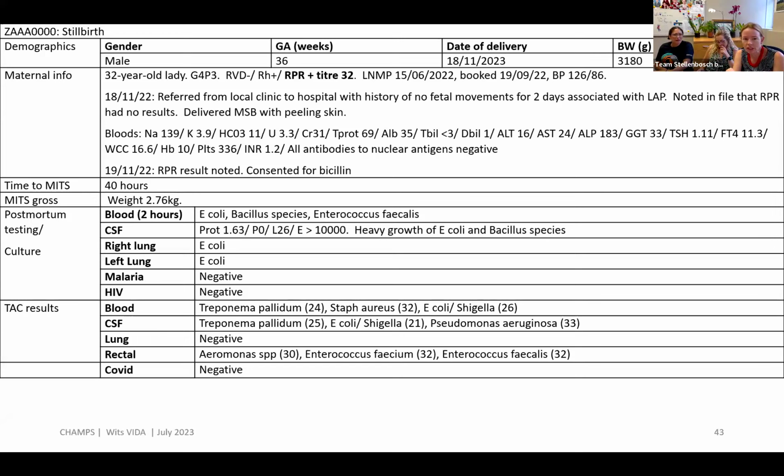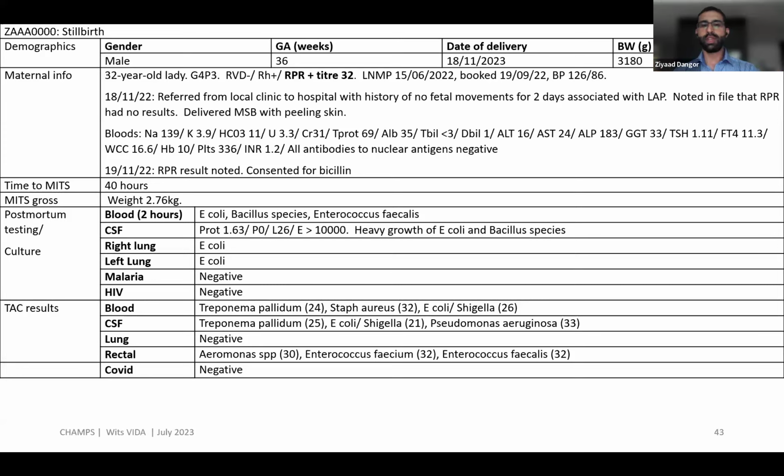So potentially, on top of the syphilis, there may have been E. coli disseminated infection as well. Very interesting, isn't it, Angela, that we would have attributed this death to syphilis had we seen the RPR result, and you would have missed the E. coli that seems to be, like you said, in multiple organs.